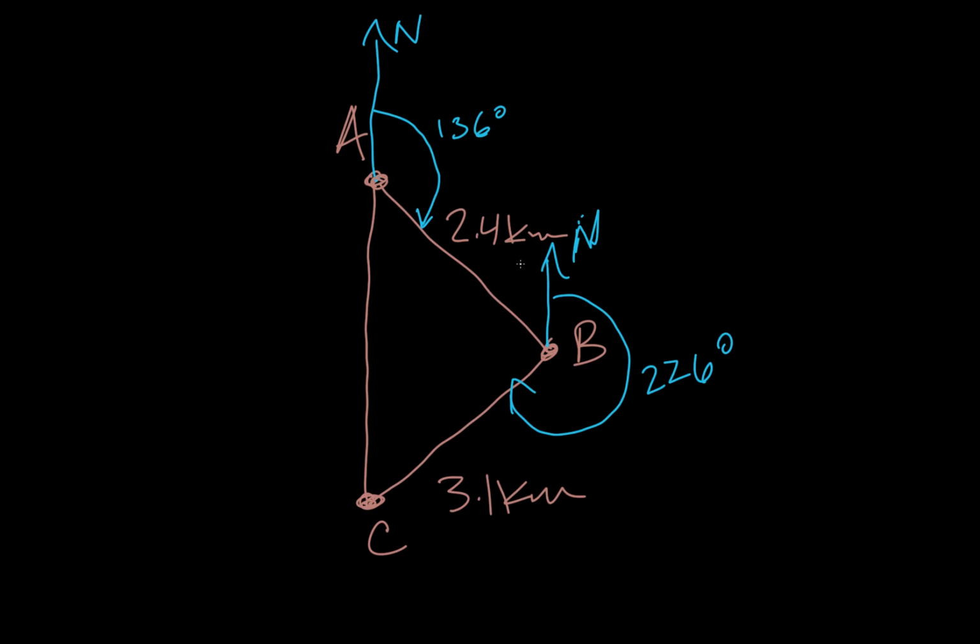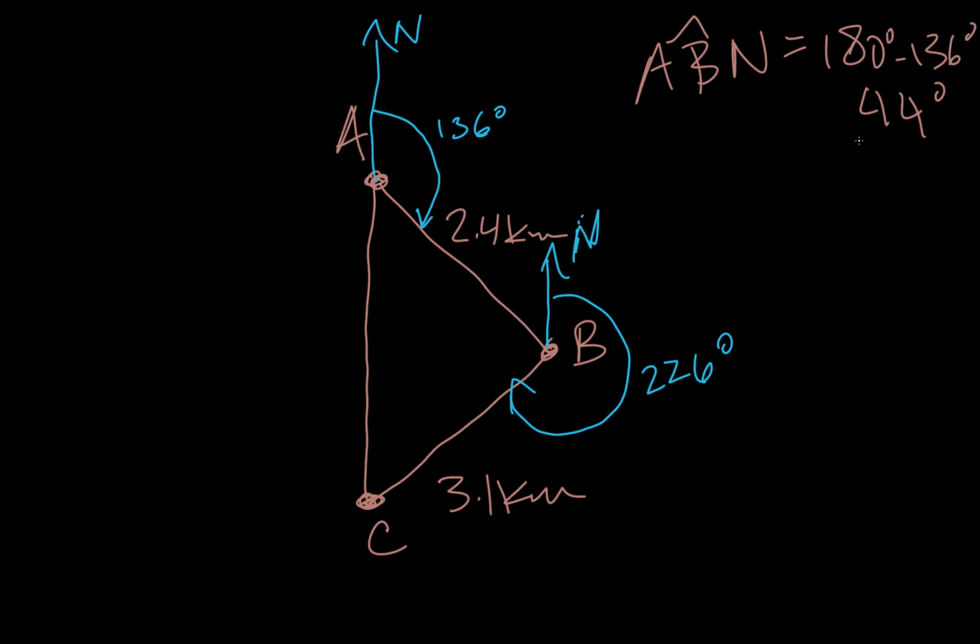So we're just going to say, angle A, B, N equals 180 degrees minus 136. And so that angle is going to be 44 degrees. So that angle right here, that is 44 degrees.